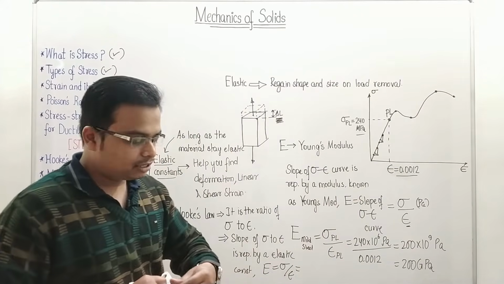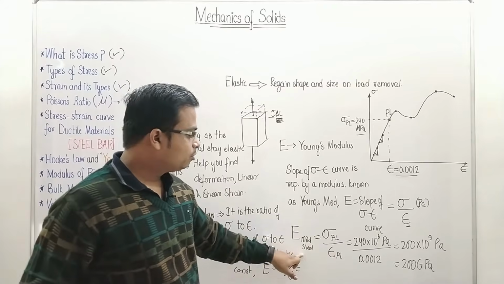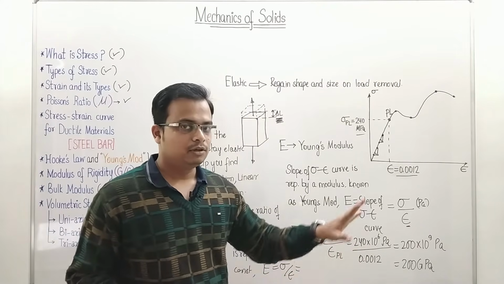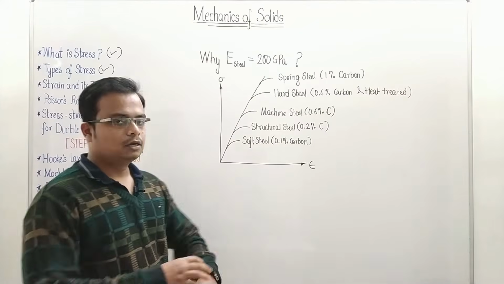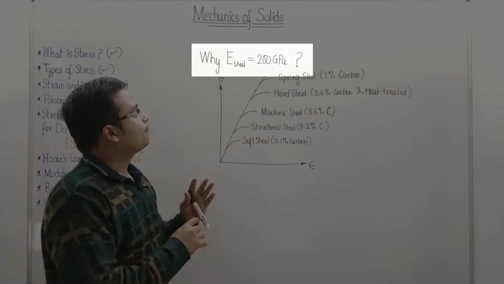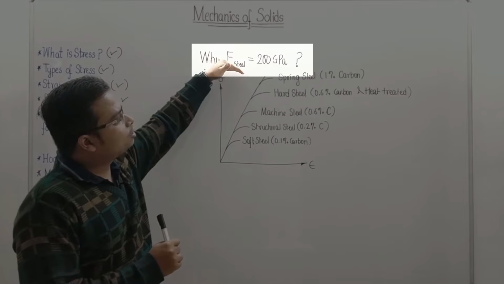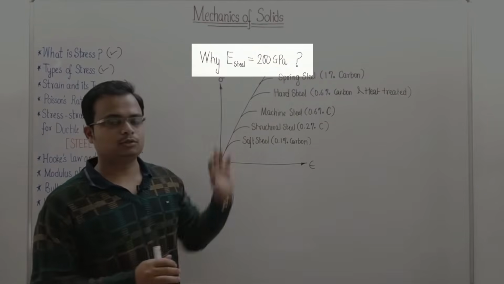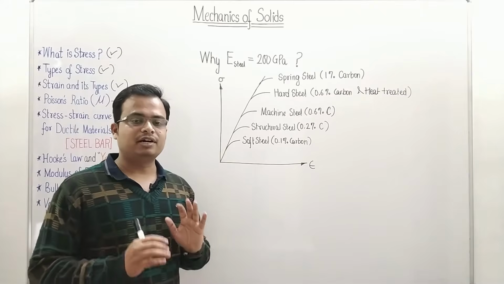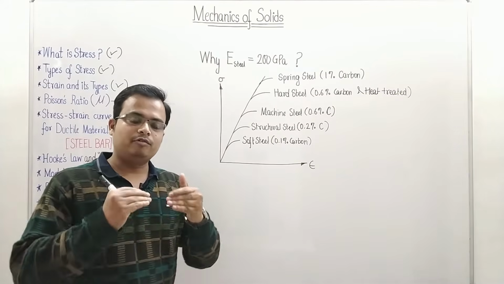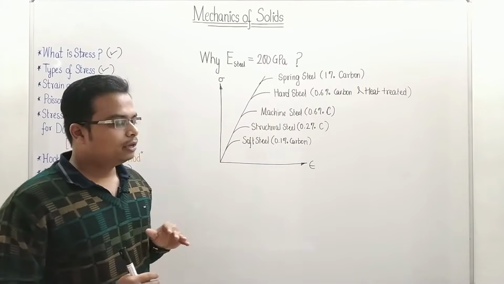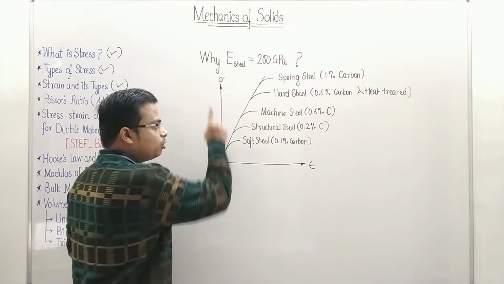Now let me tell you the reason why the value of E for different types of steels works out as 200 gigapascal. So guys, in order to understand why the Young's modulus for different varieties of steels always works out as 200 gigapascal, what we have basically done is conduct the tension test on a universal testing machine for different varieties of steels, and we have made a plot of all of them on the same graph paper.